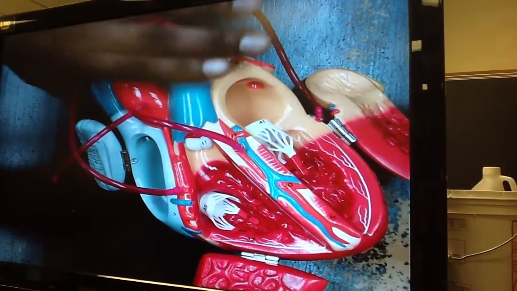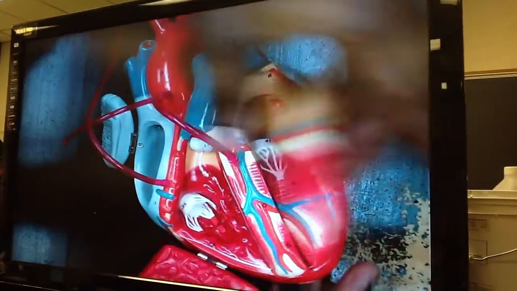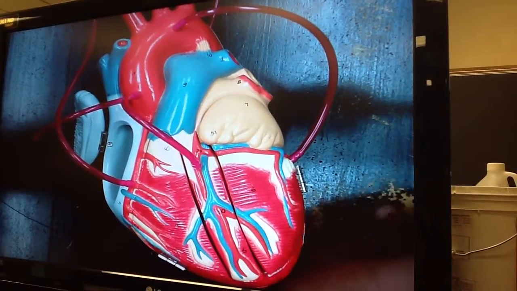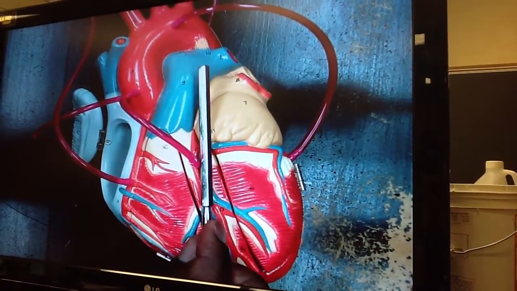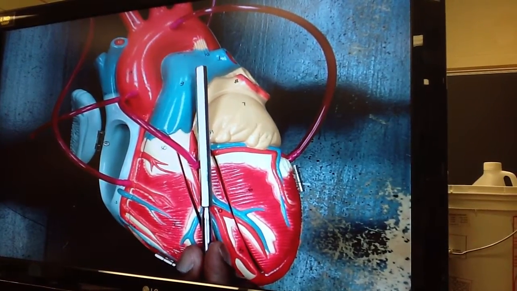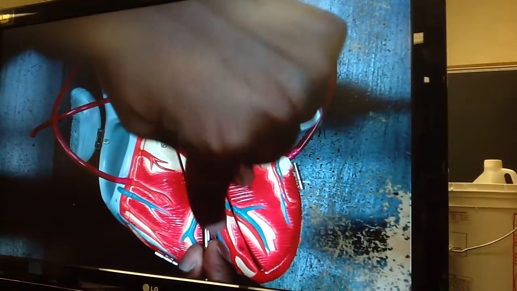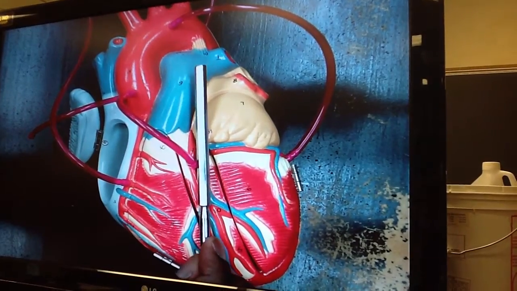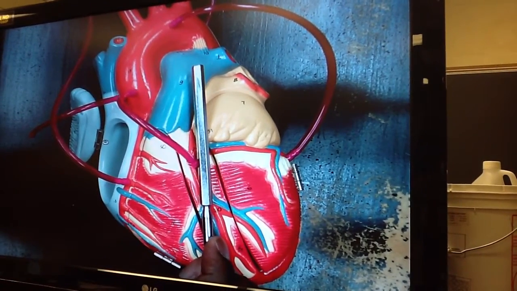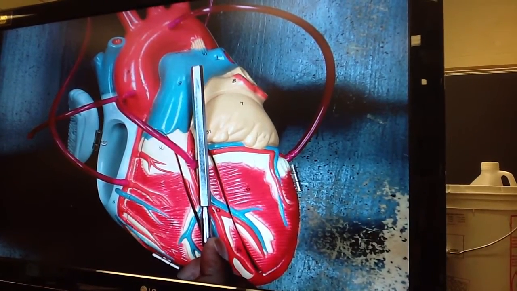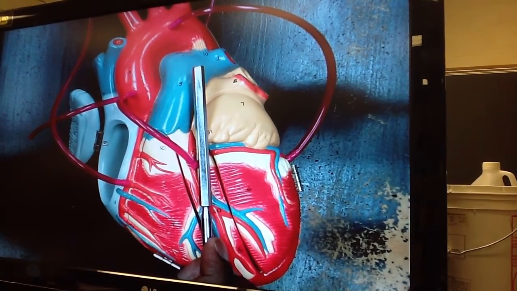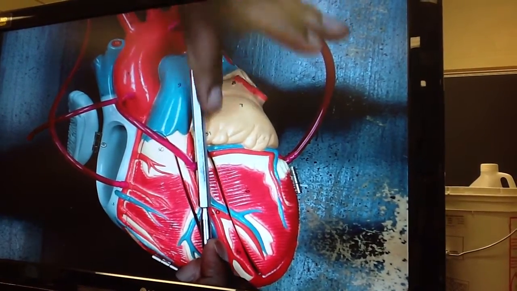All right? Now, I need to show you all something. This structure right here, when I look at this, you're going to see a depression that runs the length of the heart in this direction. His name is longitudinal sulcus. It's going to be like a groove running on the heart.